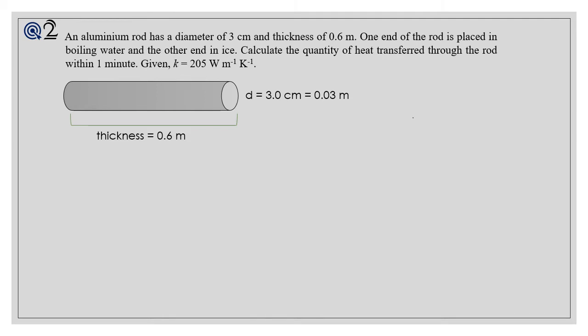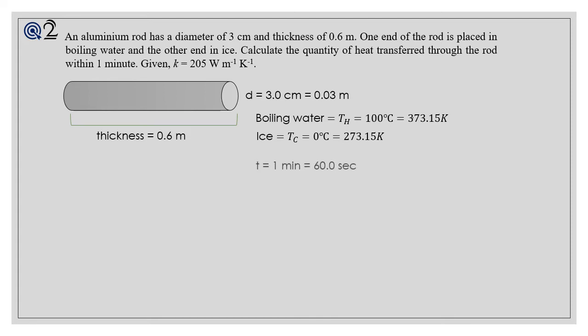So now we have a metal with one end in the boiling water that is at 100 degrees Celsius and the other end is in ice at 0 degrees Celsius. It's okay for us to change the unit of degrees Celsius into Kelvin since delta T here is just the temperature difference. But for the unit of time, the unit must be in seconds.